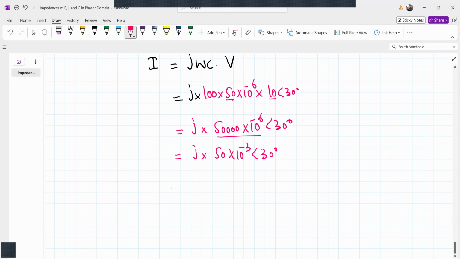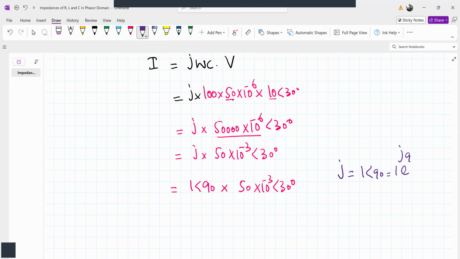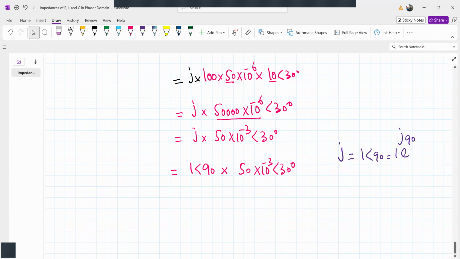So j can be written as 1 at an angle of, sorry, this is not 30 degrees, this is 90 degrees. j, we have already learned, is simply 1 at an angle of 90 degrees, which is the same as 1 e to the power of j 90 degrees. Okay, we learned in the previous class. So this is the I phasor.